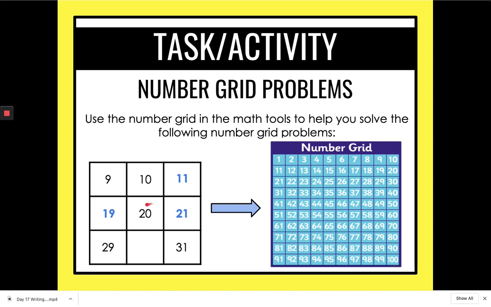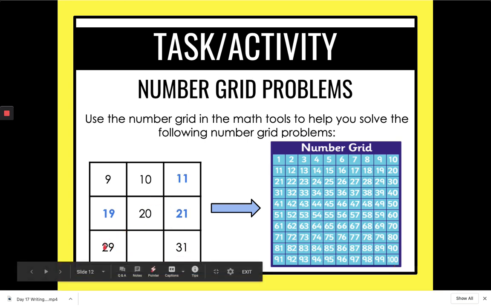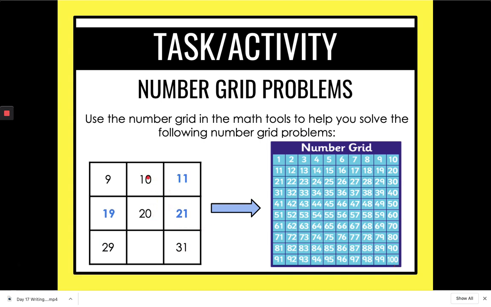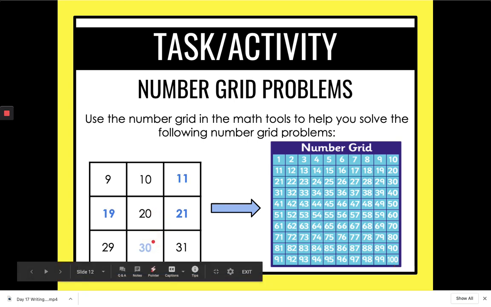And then I have to jump down to this row. And I can either remember that I'm adding tens, so I can go 10 plus 10 is 20, 20 plus 10 is 30. Or I could think about it, 29 plus 1 is 30. Or 31 minus 1 is 30.